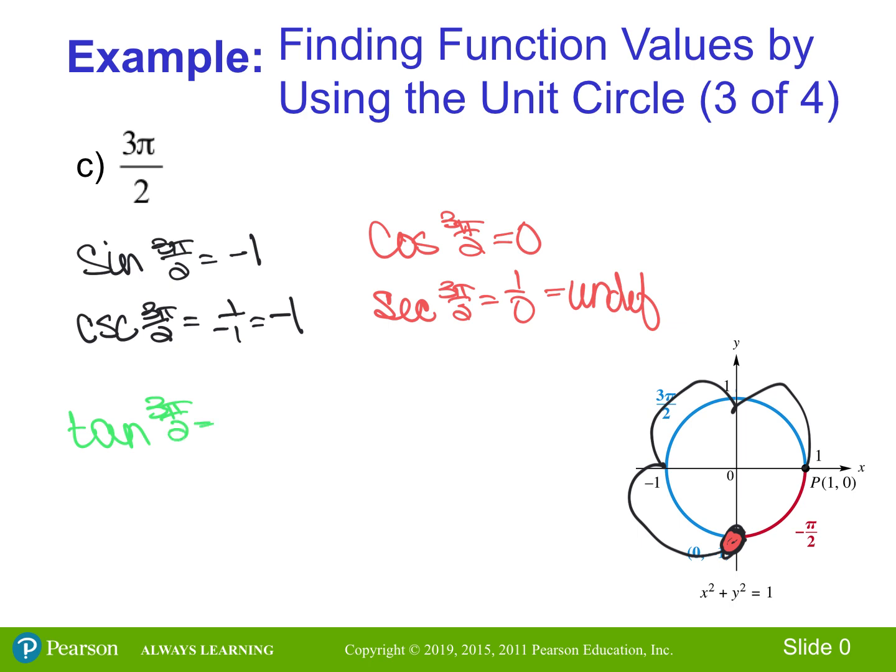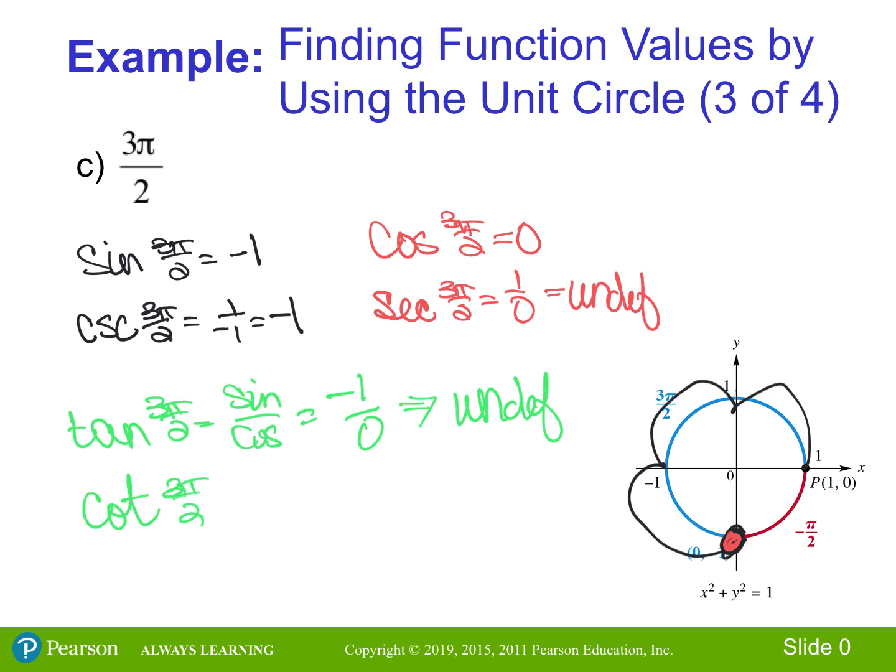Well, tangent is really equal to my sine over my cosine, and my sine was -1 being divided by my cosine, which was 0. So that means my tangent is undefined. And then cotangent of 3 pi over 2 is really cosine over sine, which gives me 0 over -1, or 0.